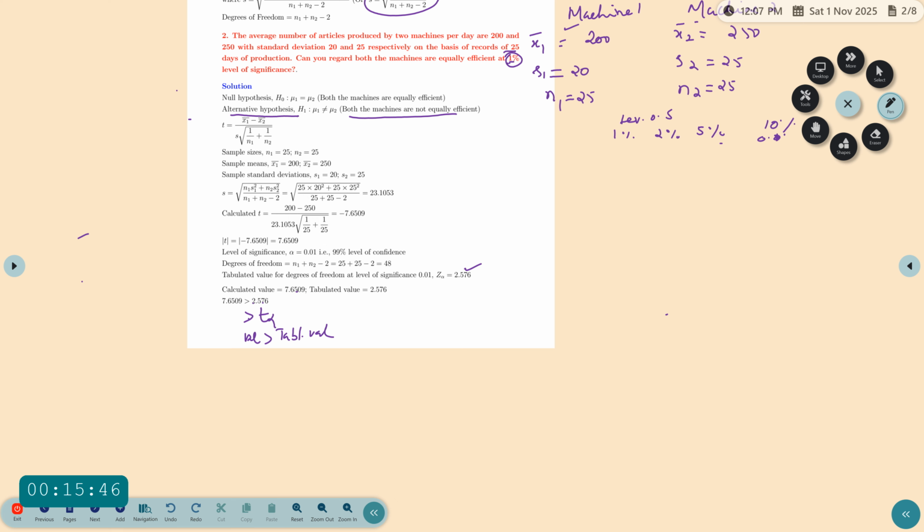Now here there is another calculation. There is a numerator, a denominator, and a division symbol. So open a bracket, 200 minus 250, close the bracket, then the division symbol. Whenever the denominator comes, open a bracket, and then here 23.1059.